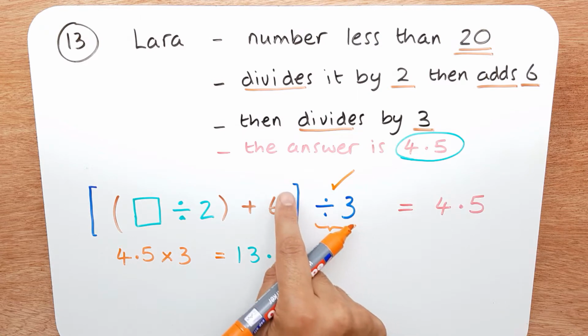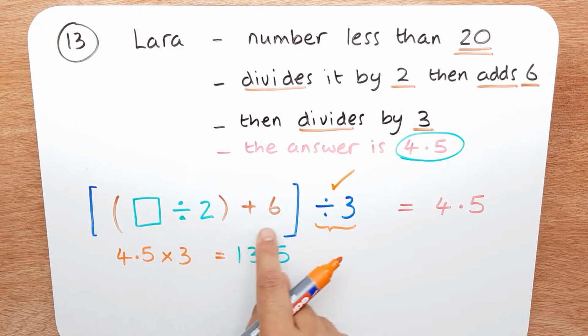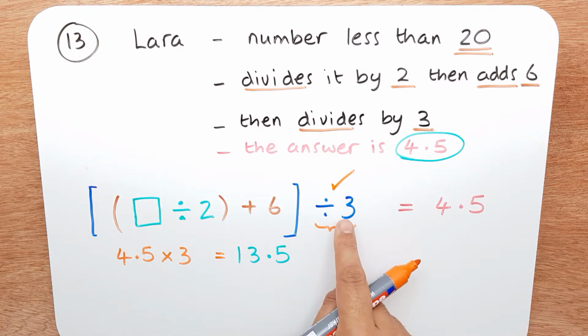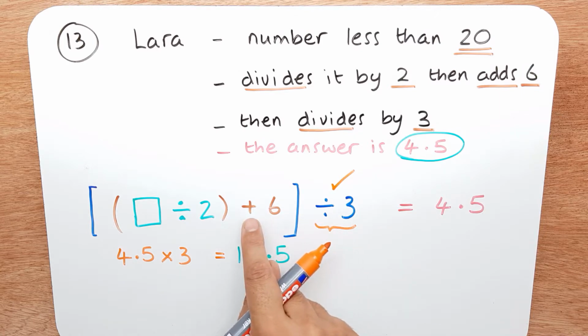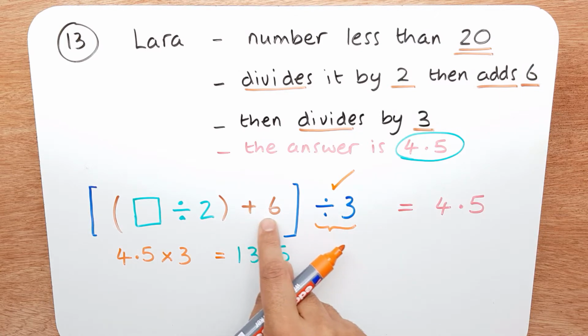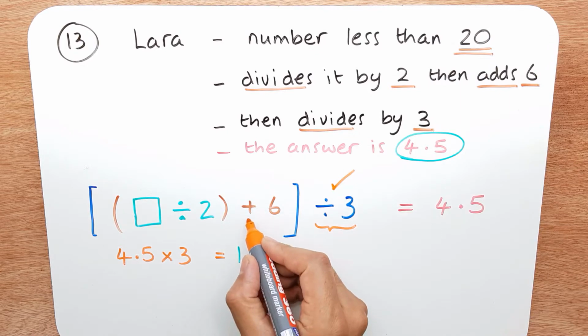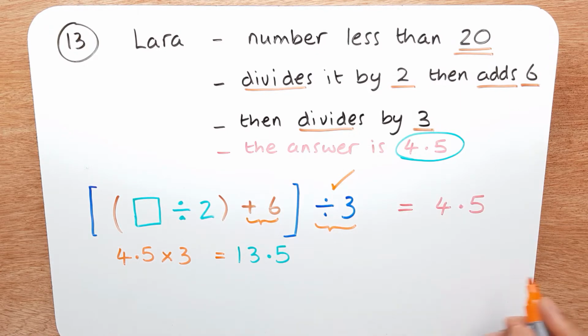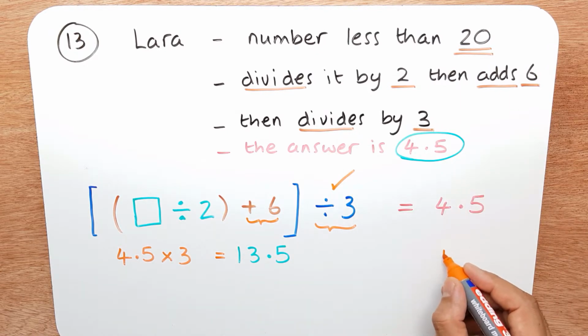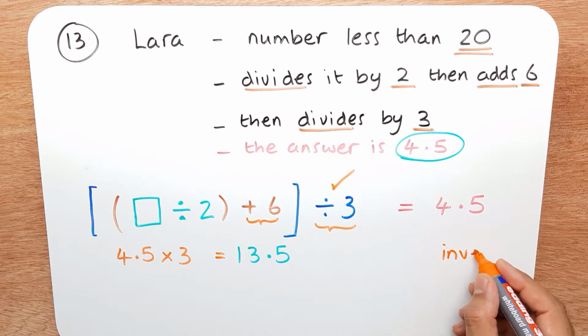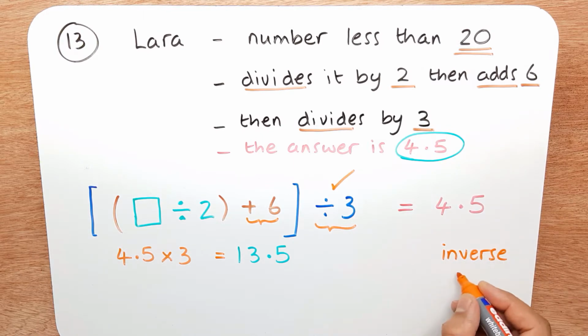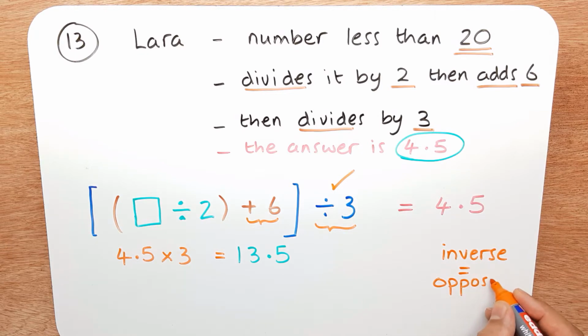Now I need to look at what else I need to do here in this bracket. So as I'm going backwards, Lara added 6. I need to do the opposite, the inverse. Let's write that word down, inverse. It simply means opposite for us.